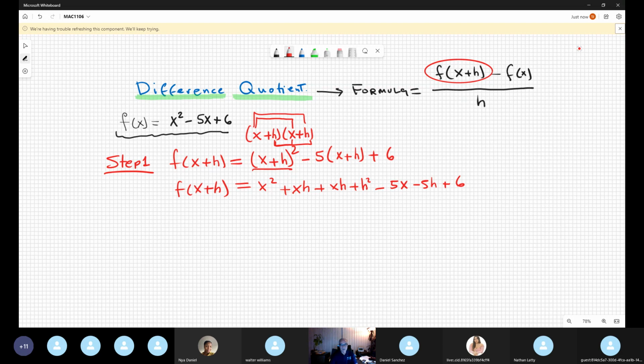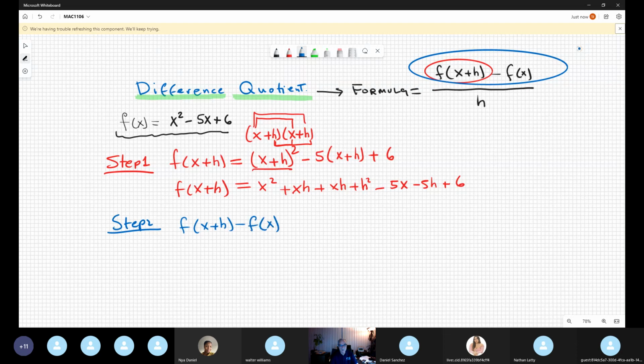Okay, this is just the beginning. Now I'm moving on to step 2. What is step 2? Step 2 is that part in which you're subtracting the original. So f of x plus h minus f of x.